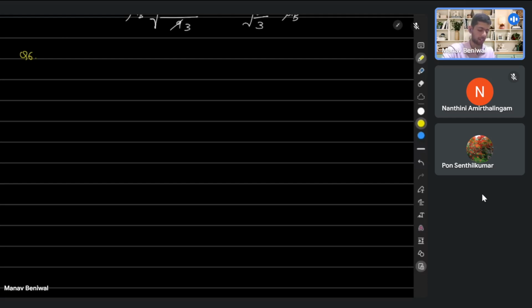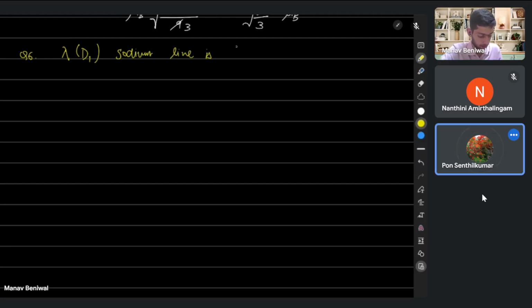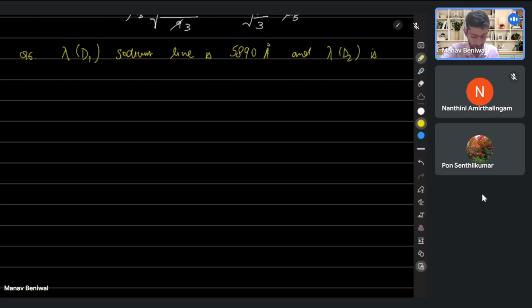So in the class we were taught about sodium lines, right? D1 and D2 sodium lines. So lambda of D1 sodium line is 5890 angstroms, and lambda of D2 sodium line is given to be 5896 angstroms.